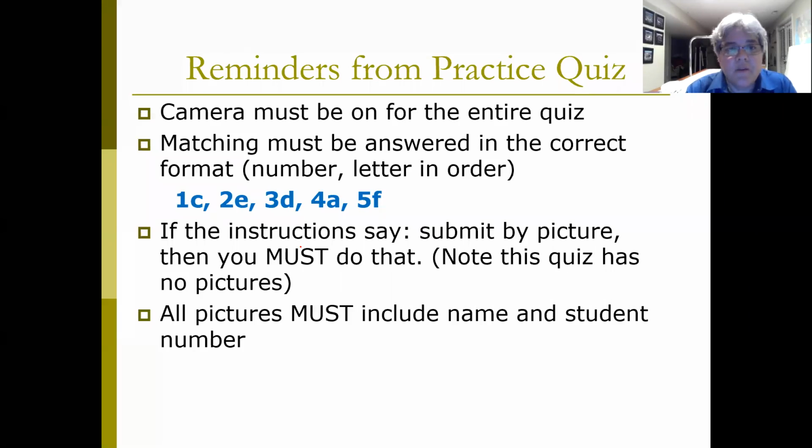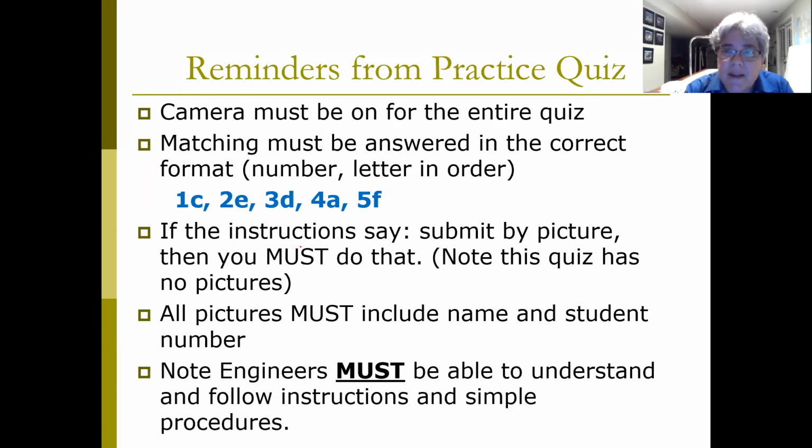Now, I know you're thinking, oh, why does it matter? Why can't I do it my way? The teacher, she's so mean and so picky. And there's a reason for that. Engineers must be able to understand and follow instructions and procedures. If you're working on an engineering system, you cannot make up your own way to do it.